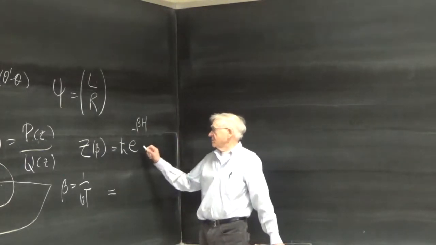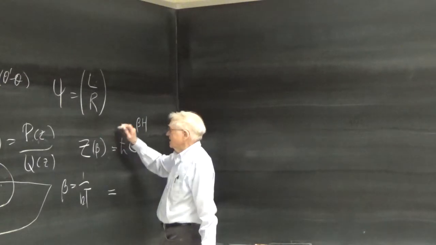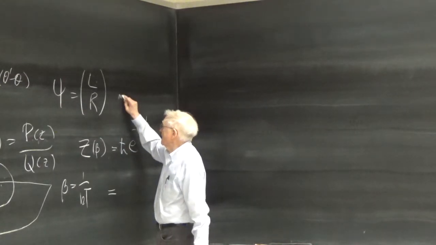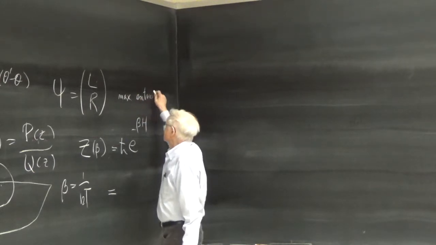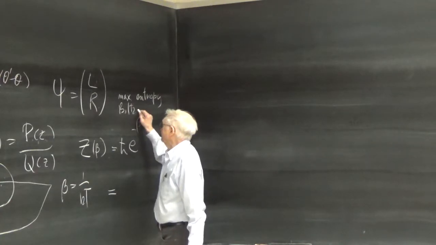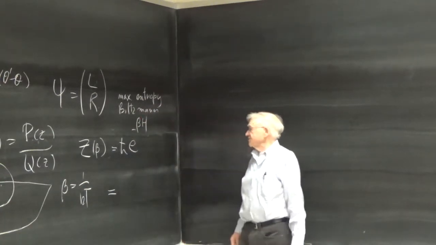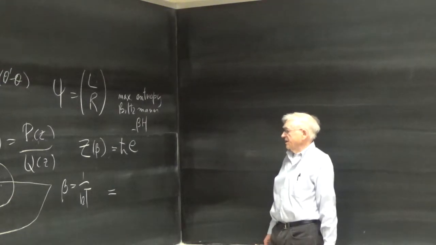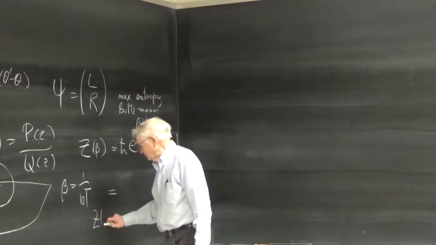This is the partition function for the case of maximum entropy. So this is the Boltzmann distribution. And that's the trace of e to the minus beta h. More generally, z of beta.